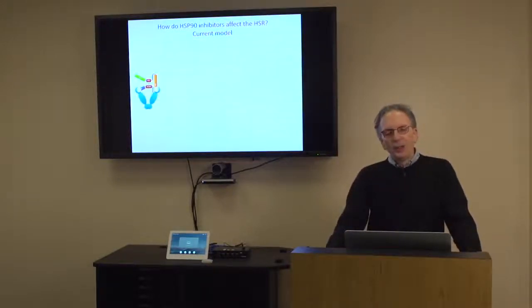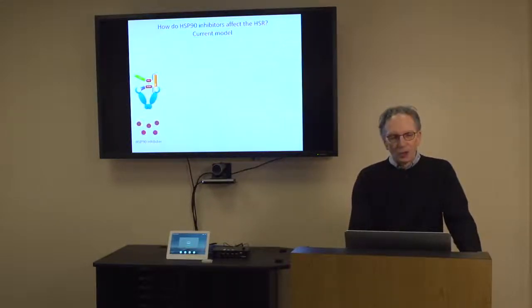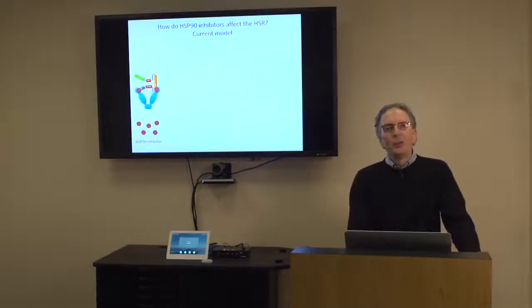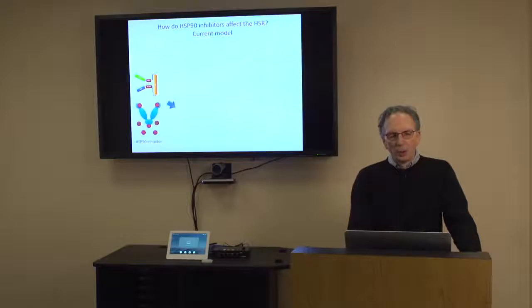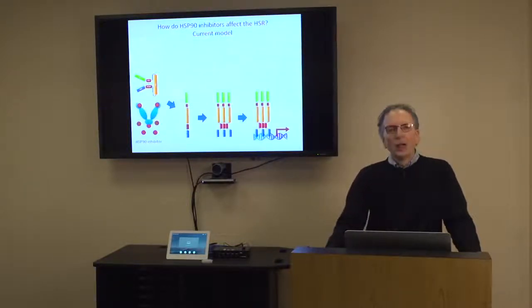So how do HSP90 inhibitors affect the HSR, or heat shock response, based on this model? The concept was that HSP90 inhibitors, by preventing ATP from binding to HSP90, cause dissociation of HSP90 from monomeric HSF1, and similarly to heat shock, allow HSF1 to trimerize and become an active transcription factor.